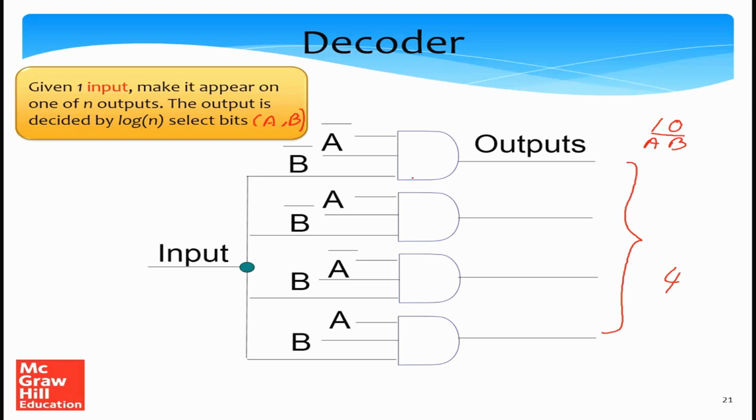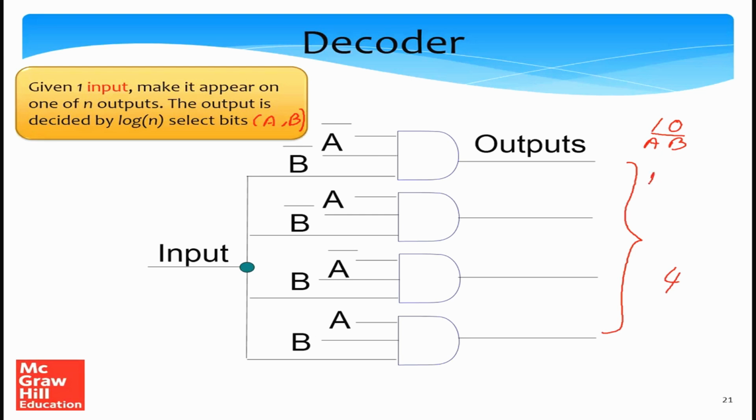So let's see how this works. The way this works is very similar to the way the multiplexer used to work. In this case, we generate the 4 combinations for A and B: A bar dot B bar, A B bar, A bar B, and A B. Bar means complement. Then only one of the combinations is true. In this case, which combination is true?